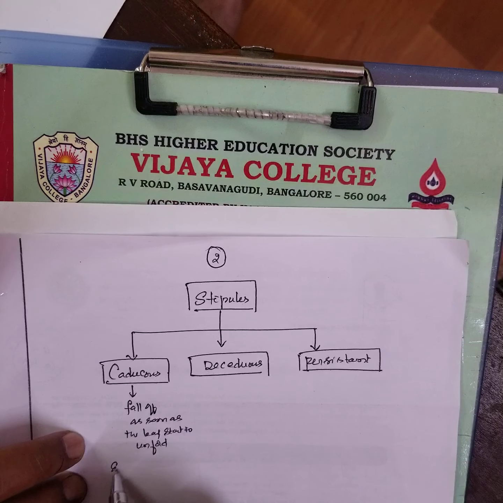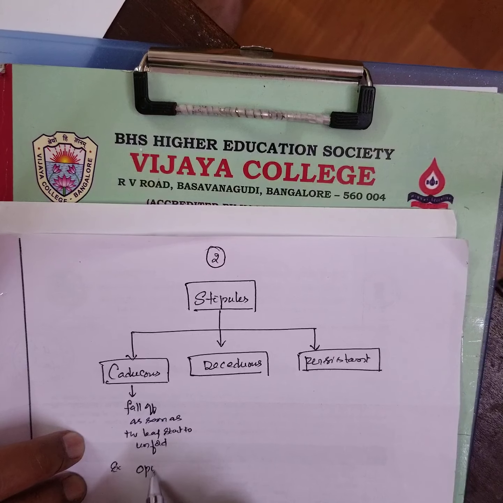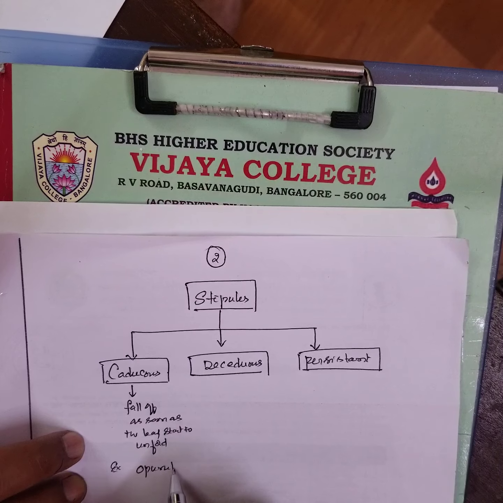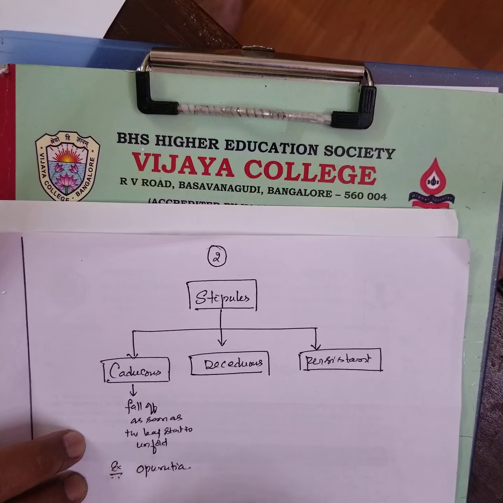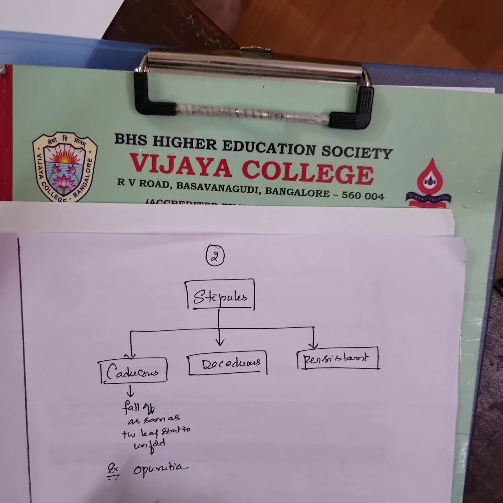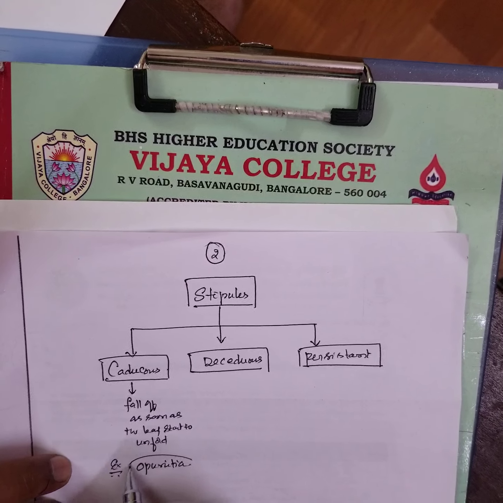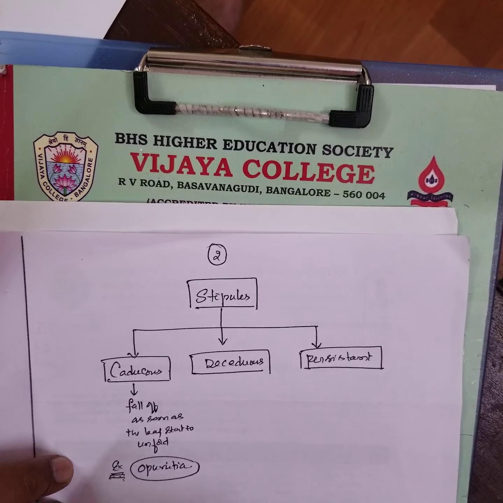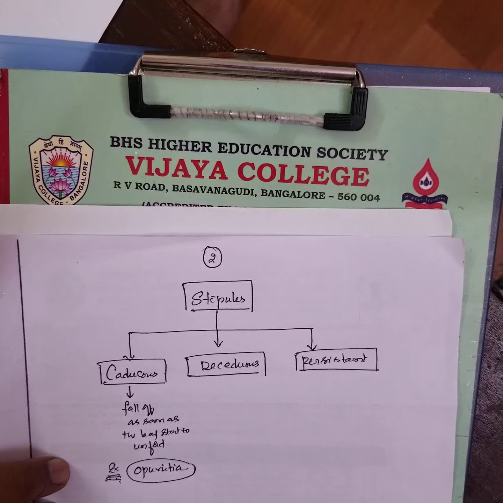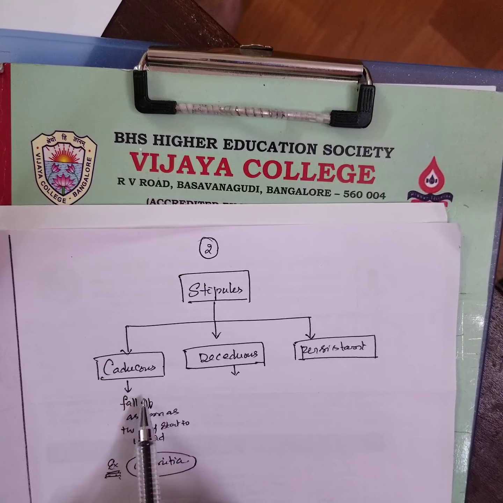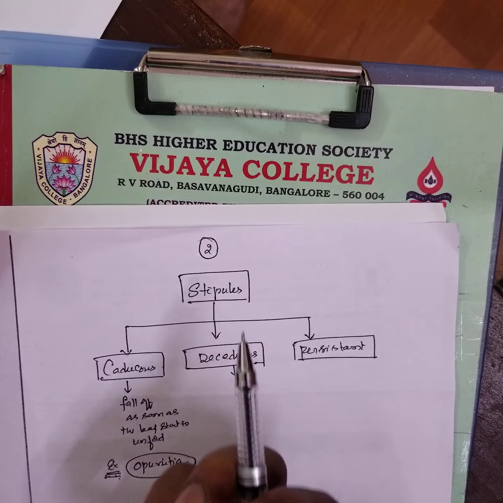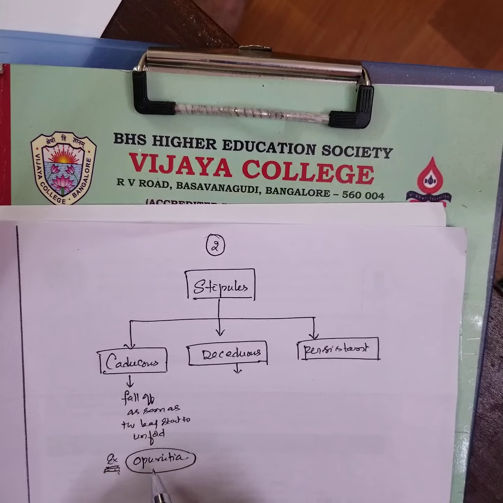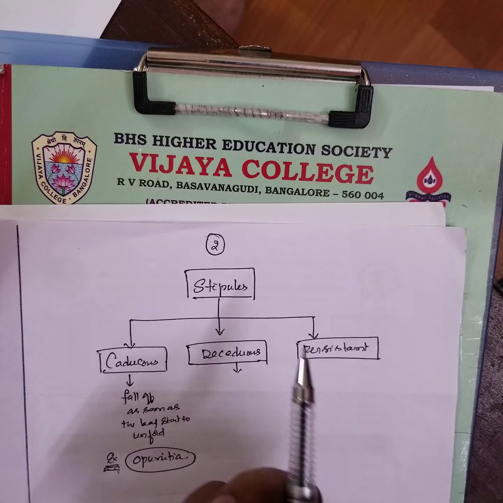Opuntia. Example, Opuntia. See, this is Opuntia. The plant name is called Opuntia. Example. See, now, this falls off. Before it opens, it will fall off. As soon as it starts to open.